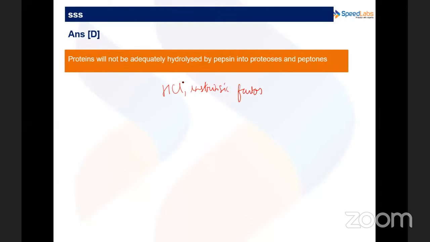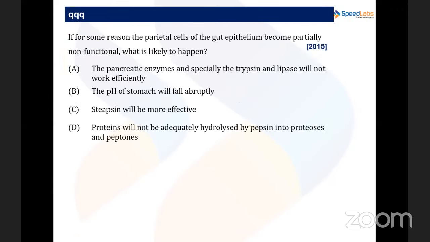For the hydrolysis of proteins by pepsin into proteoses and peptones, the acidic pH is necessary, which is provided by HCl. But in this condition, HCl is not present, hence this will not take place. Hence option D is the correct answer.